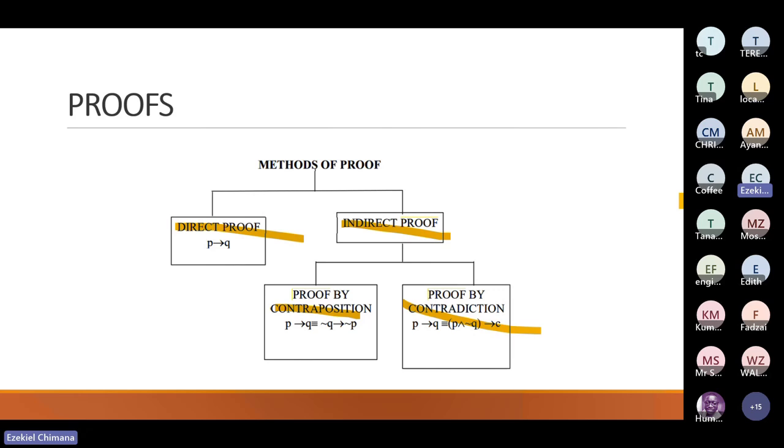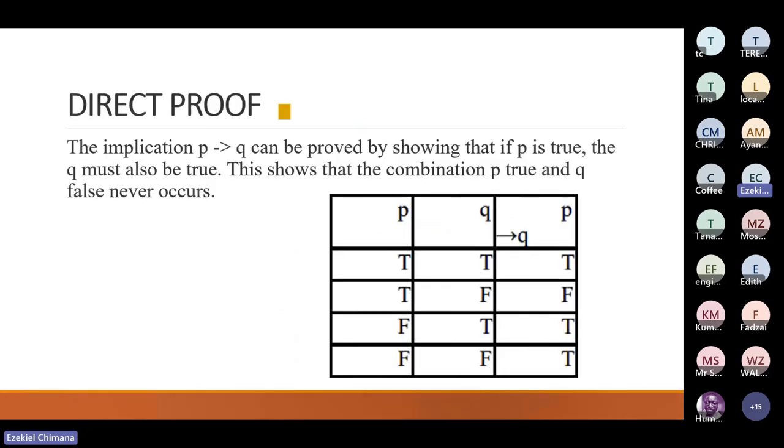It's a chapter on its own, but it's also a method of proof. So after finishing those methods on the proofs, we will be done with proofs. So we are going to start with direct proof.